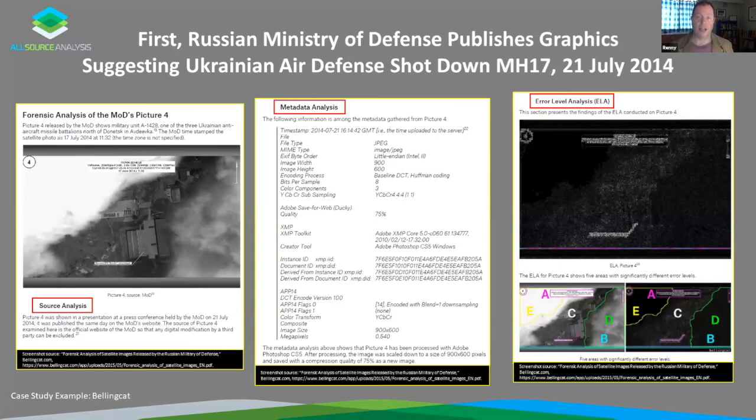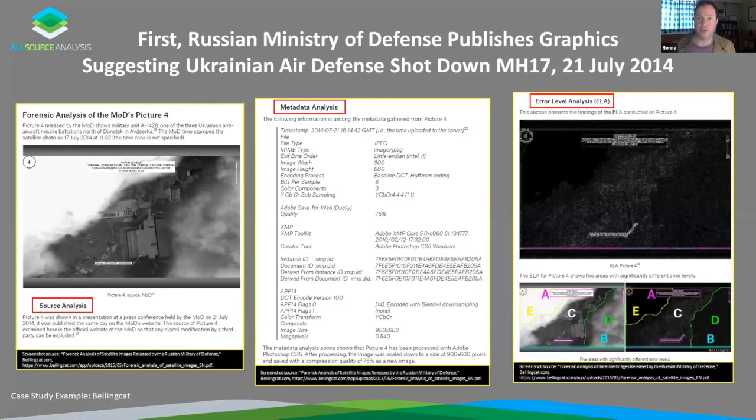They looked at compression rates within the graphics to see if they differed, and if so, by how much. And the idea is a relatively high compression rate in a graphic suggests that something has been added to it, and a relatively low compression rate that it has not been tampered with.